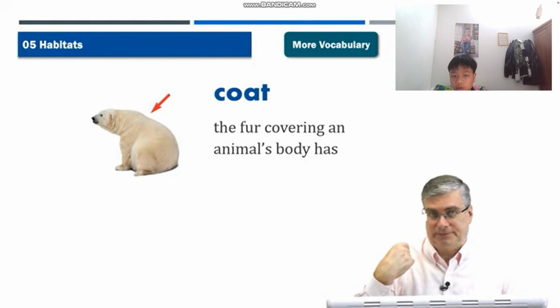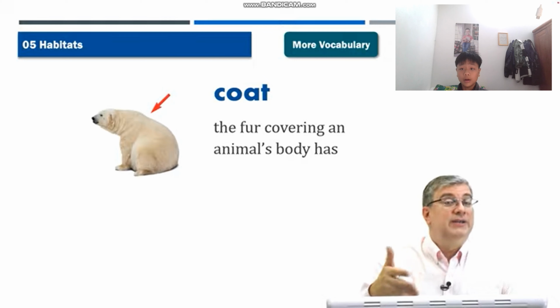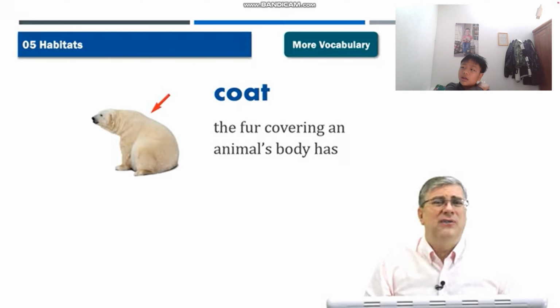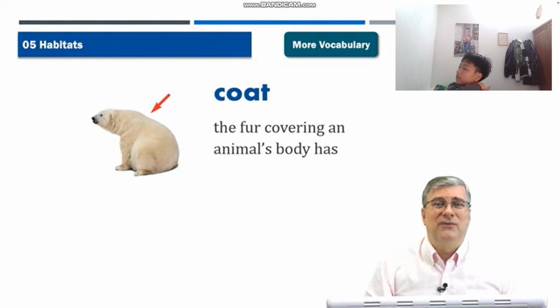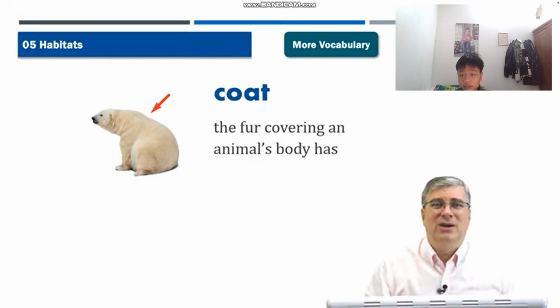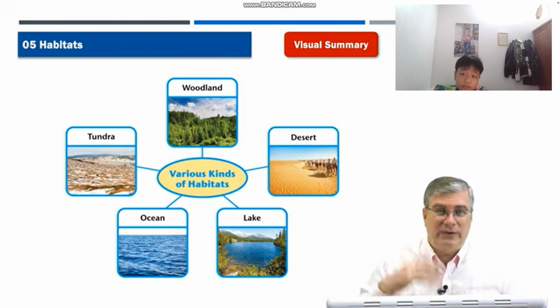They cannot change their coat. In the winter, the coat keeps them warm, but in the summer, what will happen? The coat just makes them hotter. The animal will be very hot, but the coat is their fur, and they cannot change it. So you know that animals are different from people. People can change our clothes, but the polar bear, maybe if they sleep in the winter, the coat will be very helpful. It keeps them warm, but when it's summer, it will be very hot.